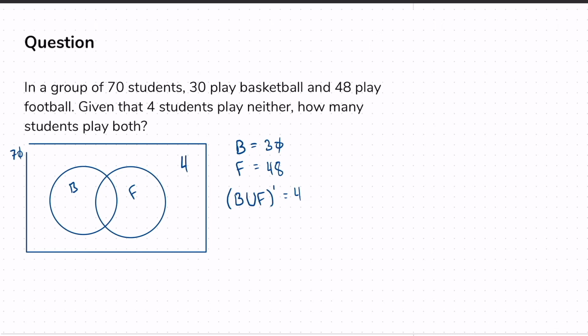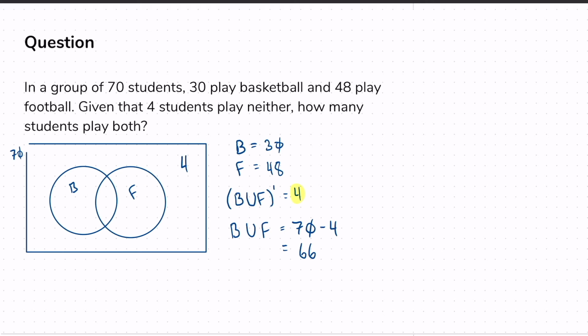The number of people who play basketball or football is equal to 70, which is the total, minus the complement, which is the opposite, the not, and the not is up here. So the people playing sports in this class is 66.